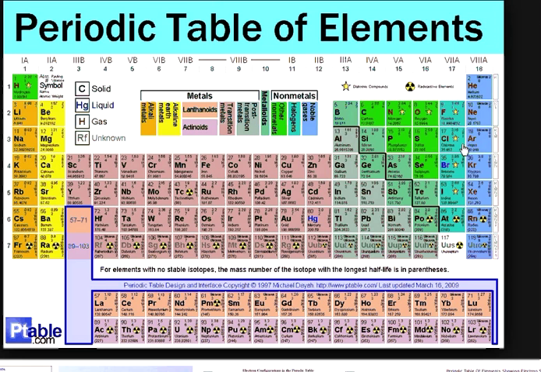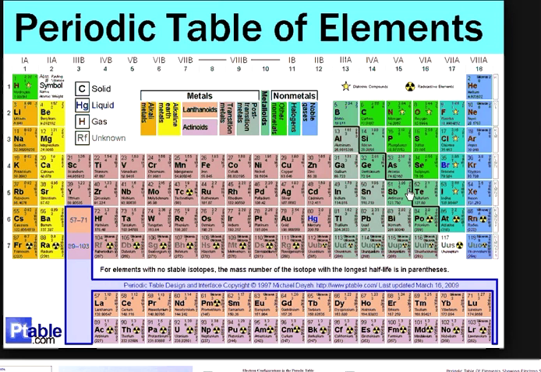That means that you add it on to the Roman numeral 5. This one has 7, this one has 7, so that worked. How about here? 5. This element in this particular group has 5 in the outer shell. 5, 5. So you can tell by the Roman numeral in those groups how many electrons are in the outer shell.